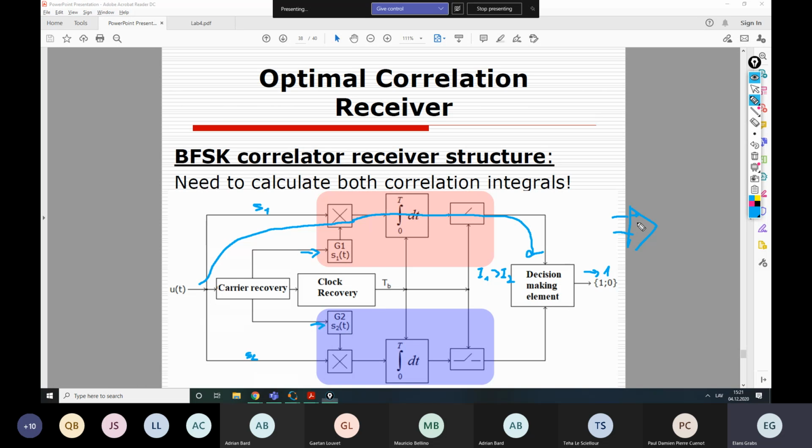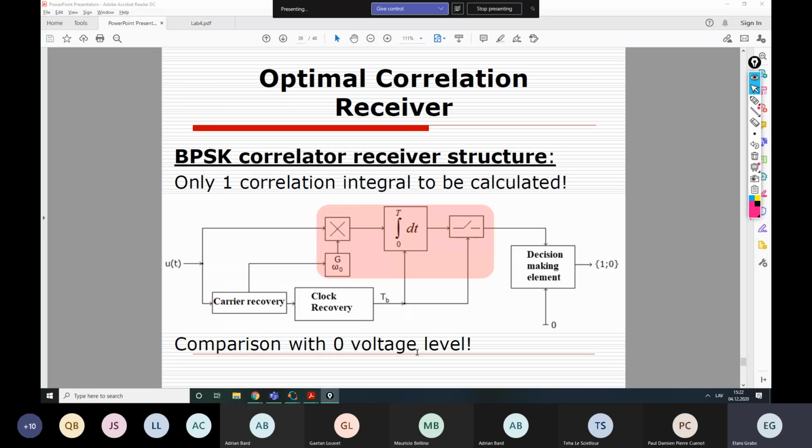If the signal at the first input is greater than the signal at the second input, it will produce a voltage level matching the level 1. If, however, it's the opposite, then the result will be 0. Well, and there is no way we can work here with just one integral. We need to calculate both.